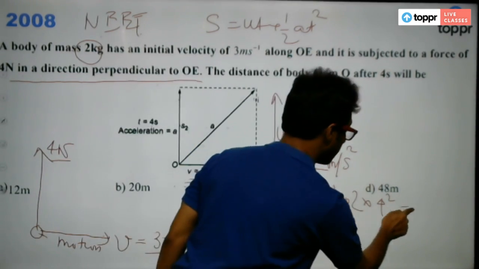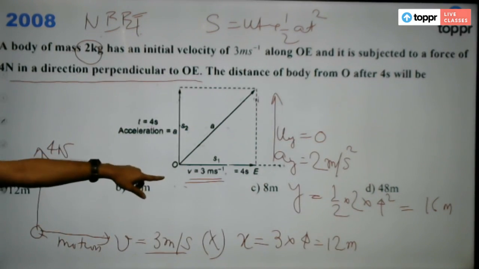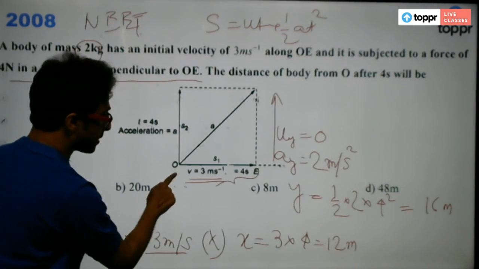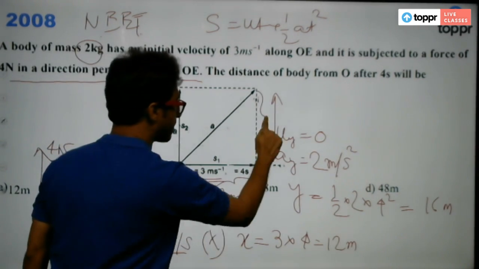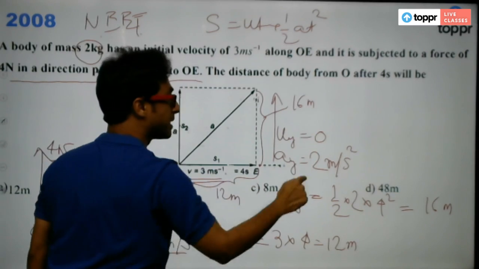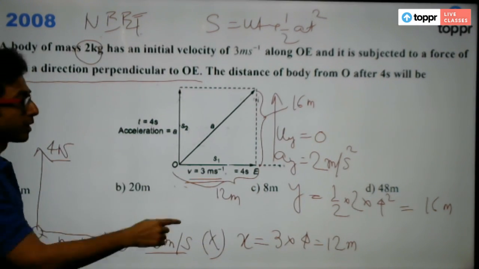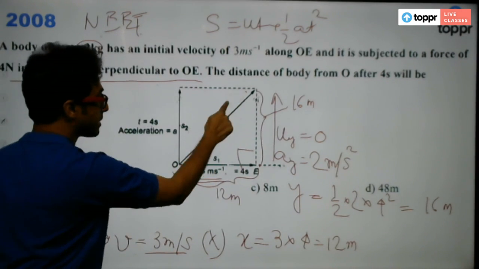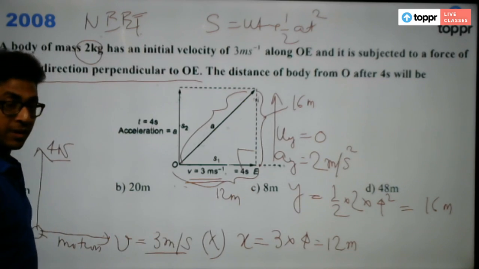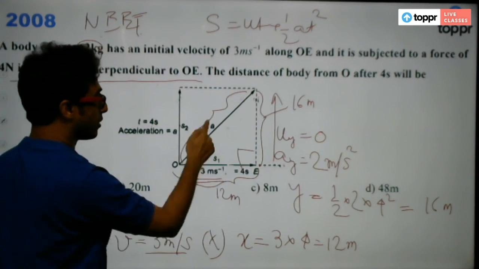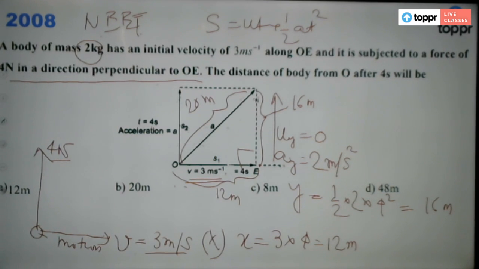It comes to 16 meters. So after 4 seconds, this displacement will be 12 meter and this displacement will be 16 meter individually. So what is the final displacement from O? Like this is nothing but a right angle triangle. From Pythagoras theorem, you will easily calculate this distance will be 20 meter.